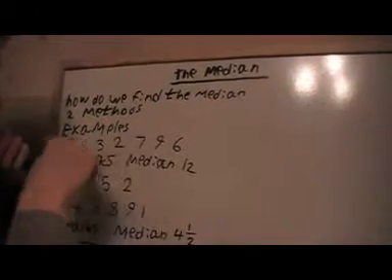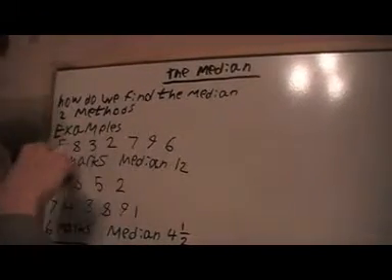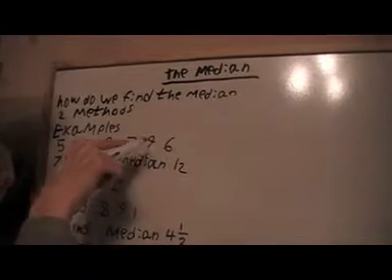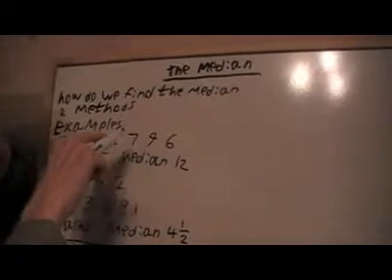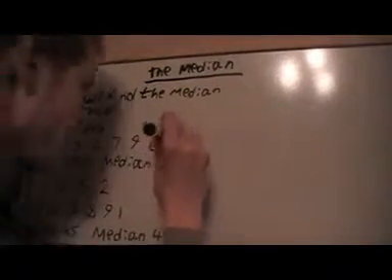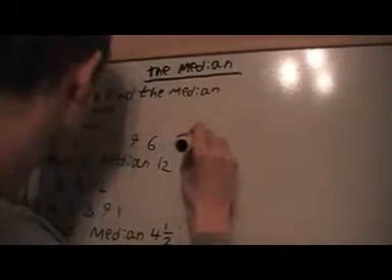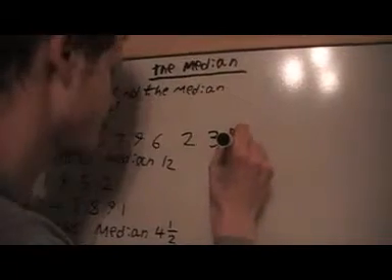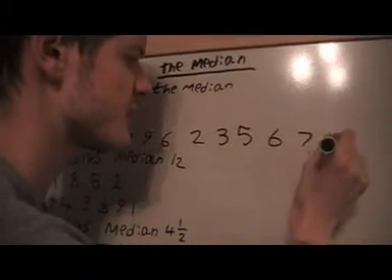So let's look at this first with an odd number, because as you can see here, there are 7 numbers in the list. What we'll do is put them in order from smallest to biggest. So that's 2, 3, 5, 6, 7 and 9.